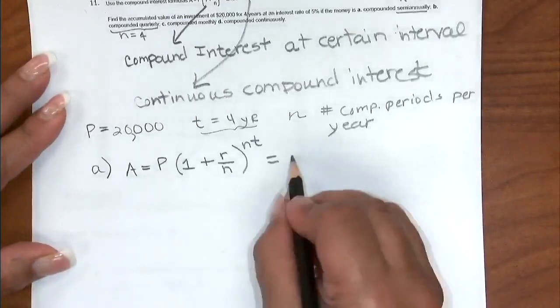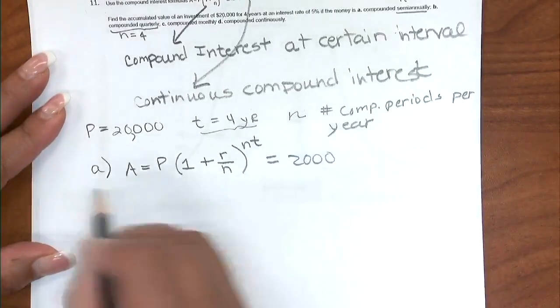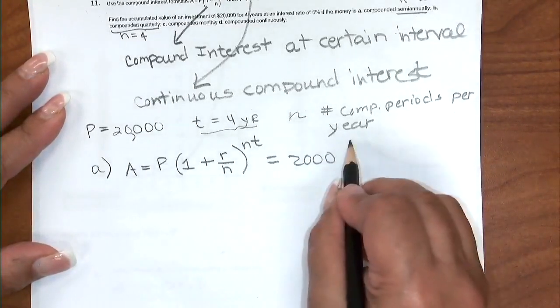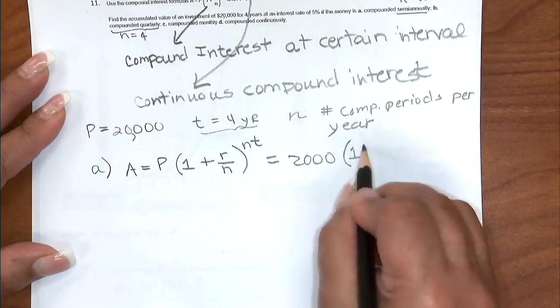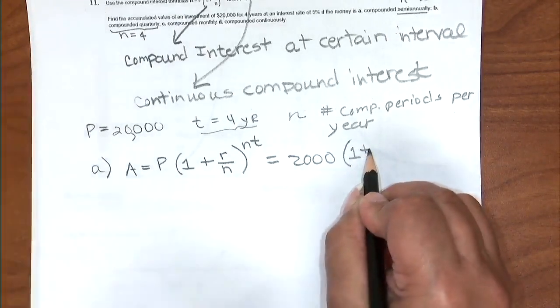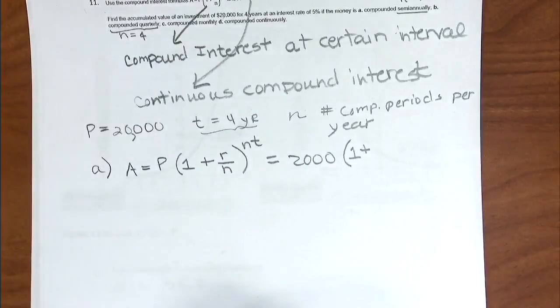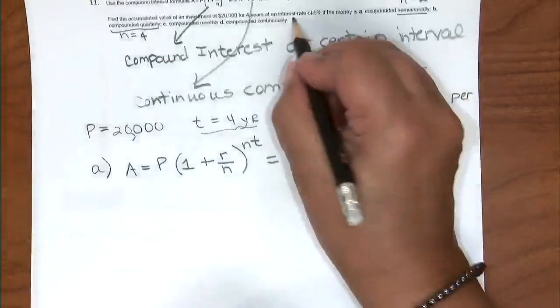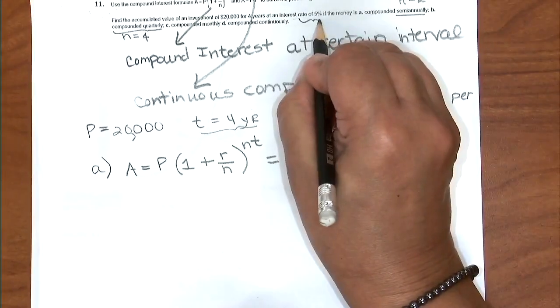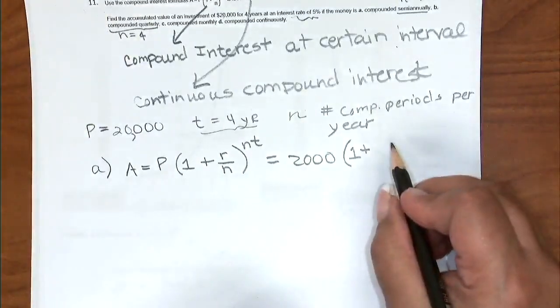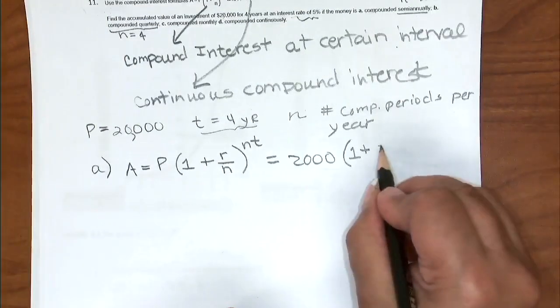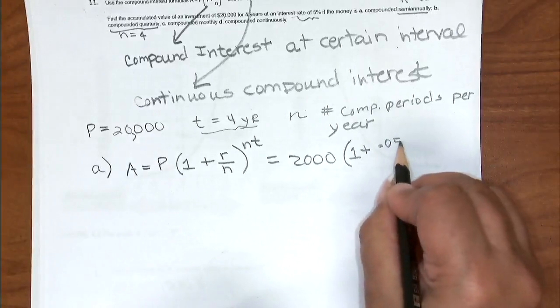The P, $20,000. We're looking for the final amount in the account. Then it's 1 plus the rate. What is my rate here? Do you see that it says 5% right there in the problem? So you have to put the rate as a decimal, though.